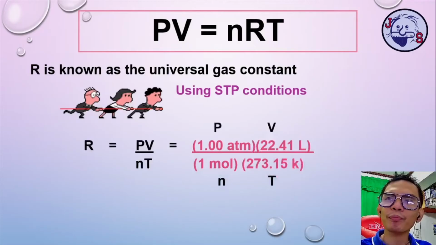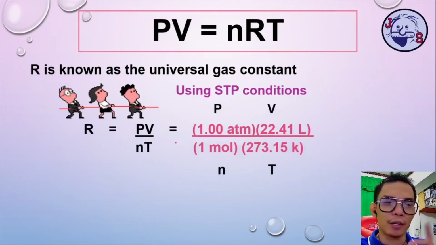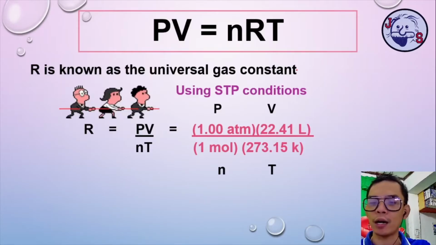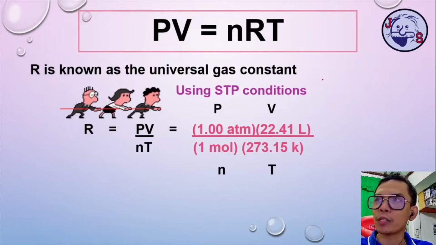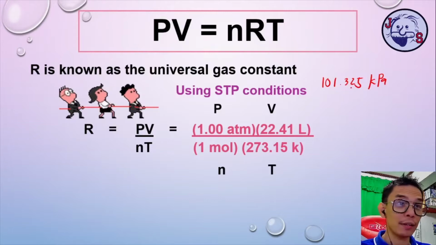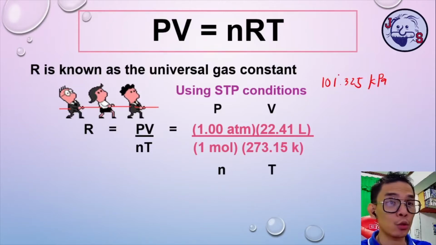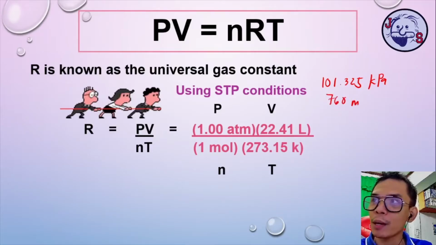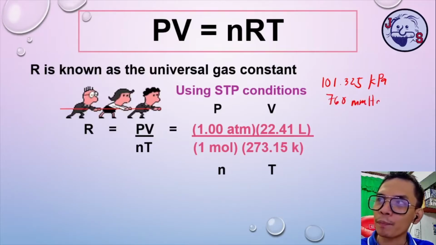The first one is the pressure. The STP for pressure is 1 atmosphere. If you change this atmosphere into kilopascal, that is 101.325 kilopascal. If you change the atmosphere into millimeters of mercury, that is 760 millimeters of mercury.